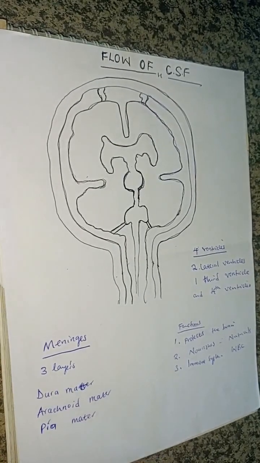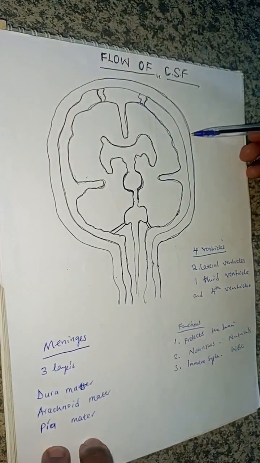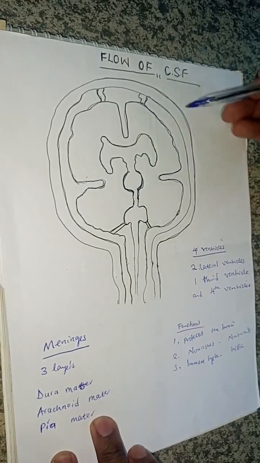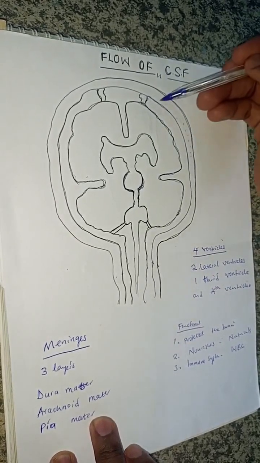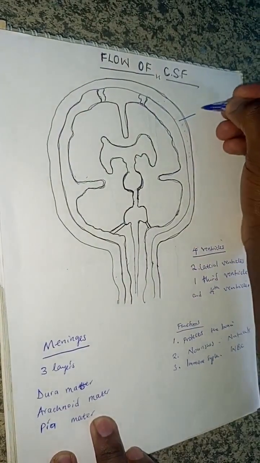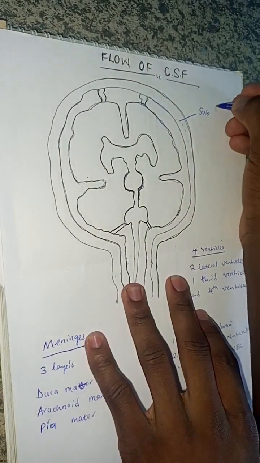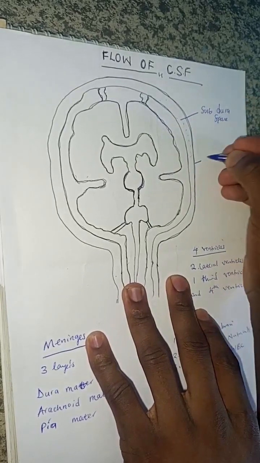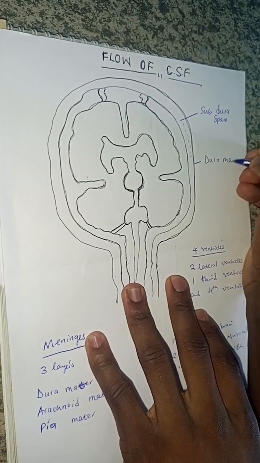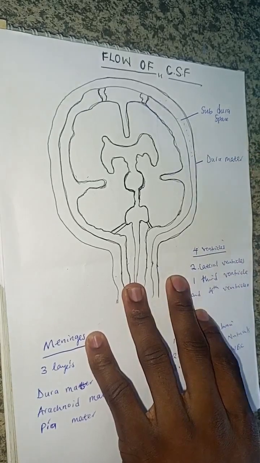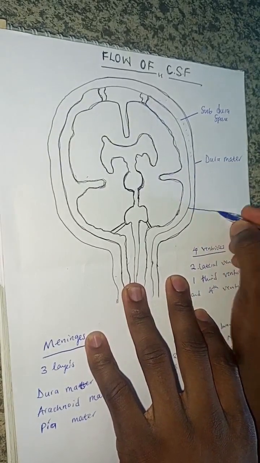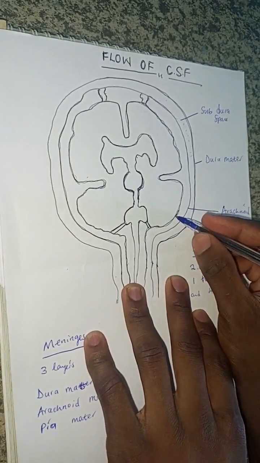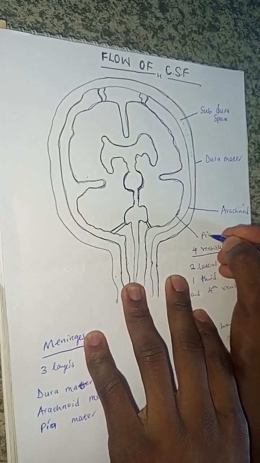In between the dura mater and the arachnoid is a space, which we call the subdural space. This is the dura mater, this is the arachnoid, and the inner one is the pia.